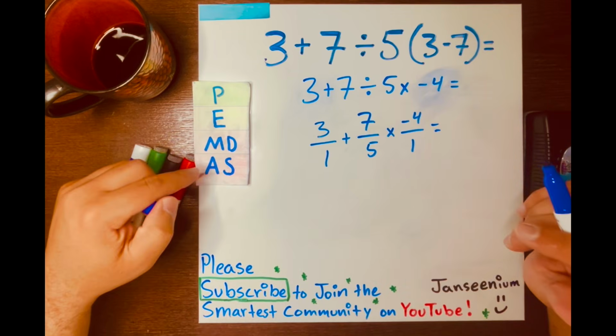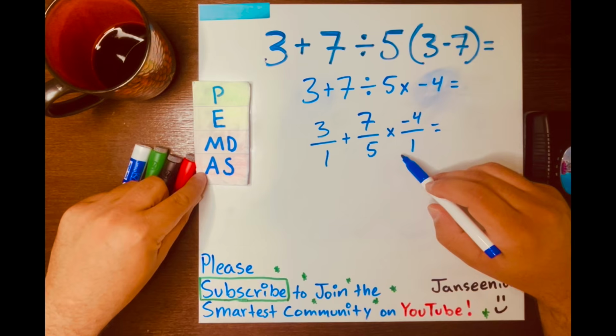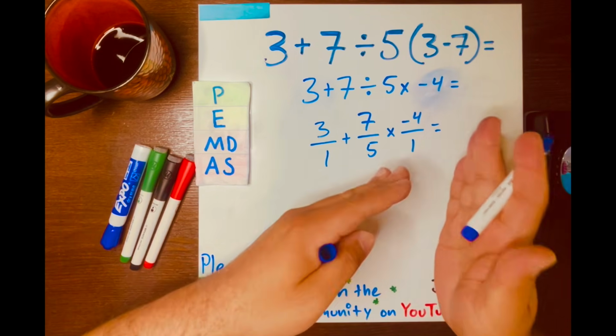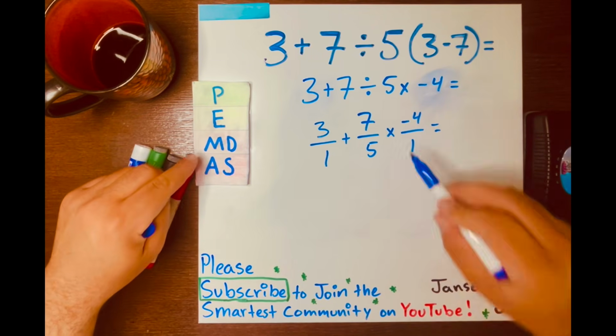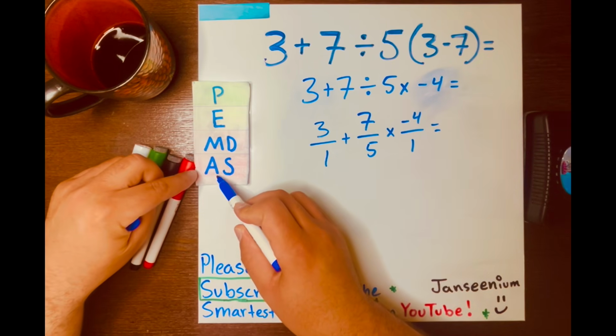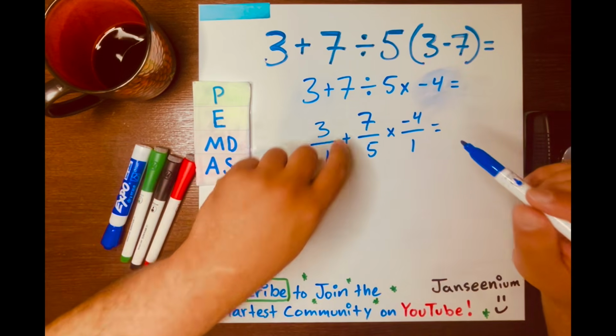And looking at PEMDAS, multiplication goes first, not addition. Remember, you solve the math problem from left to right within each level. So multiplication is in a higher level than addition, which is the lowest level. So we multiply across.